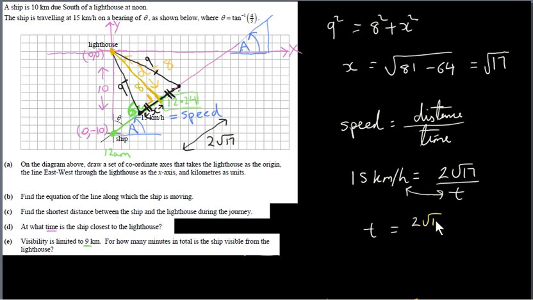T is 2 root 17 divided by 15. So we get an answer of 0.497 hours. The reason it's in hours is that the distance is in kilometers and the speed is in kilometers per hour. So just like before, these cancel out and the h goes up. Now we need to convert this to minutes, so we just multiply it by 60.